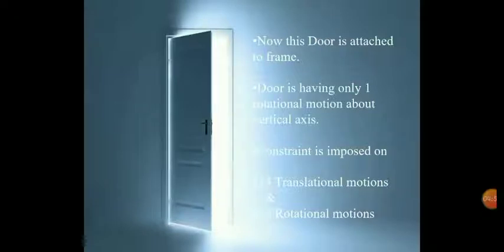If you remember our second slide, where we defined degrees of freedom as 6 minus the number of restraints, here the number of restraints will include 3 translational motions about the x, y and z axes, as the door is fixed to the frame and will not be able to move along any of the axes.